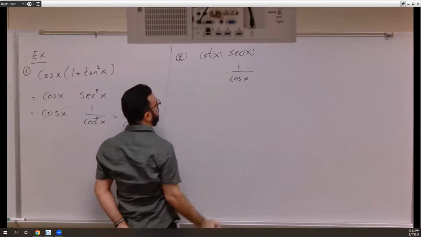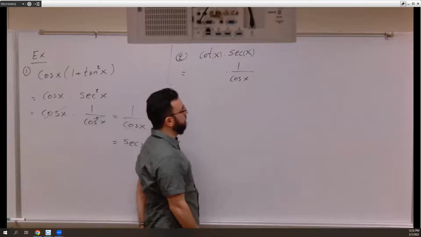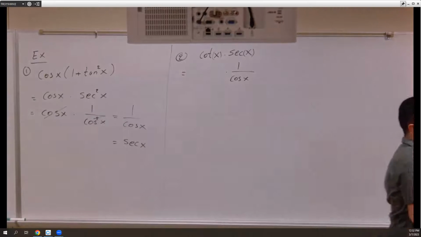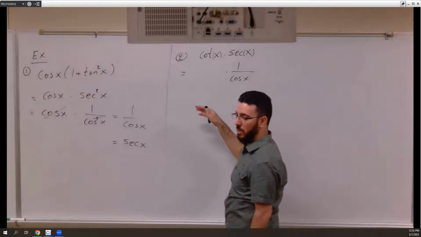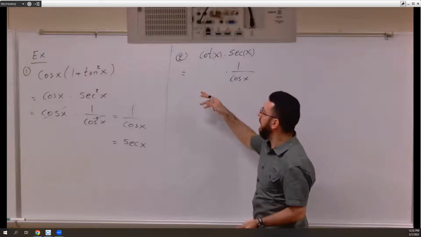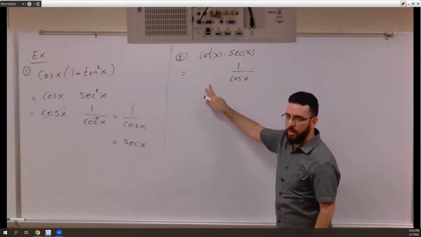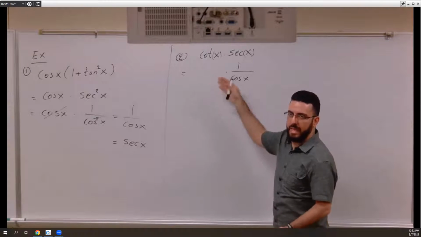Application. Now let's see. Cotangent. If I use cotangent as 1 over tangent, is it going to help me simplify? Yes or no? No, because I'm not going to do anything if I write down 1 over tangent. It's not going to happen for me. I'm not going to cancel anything.